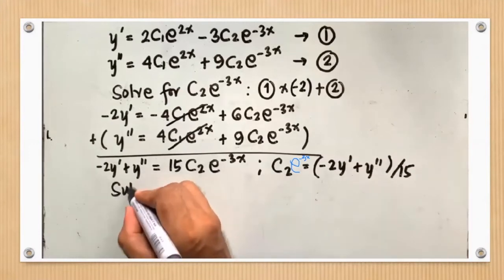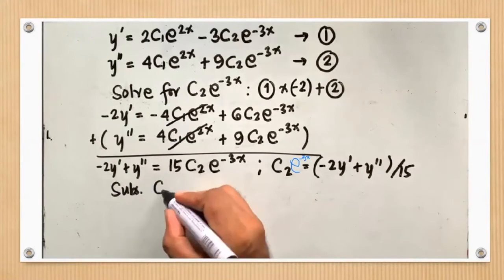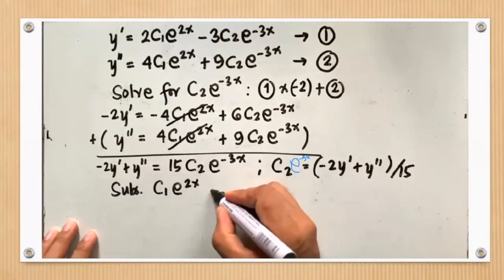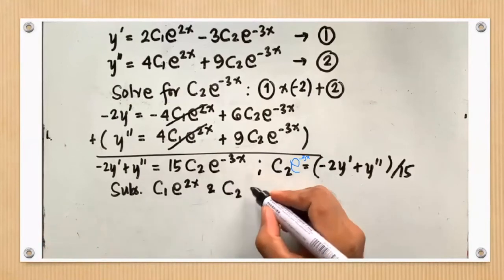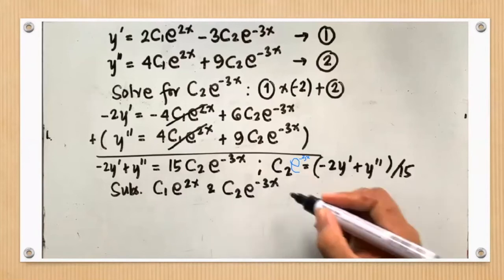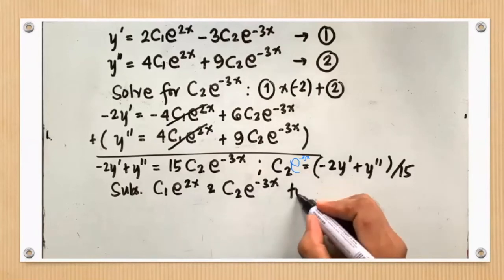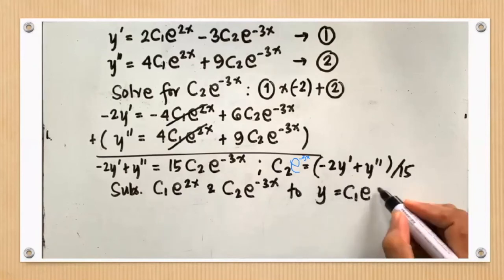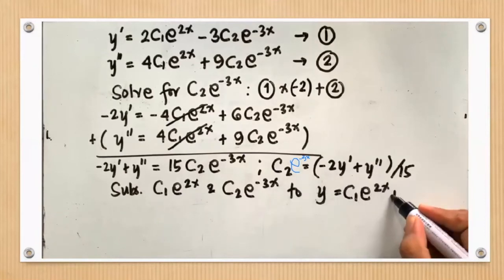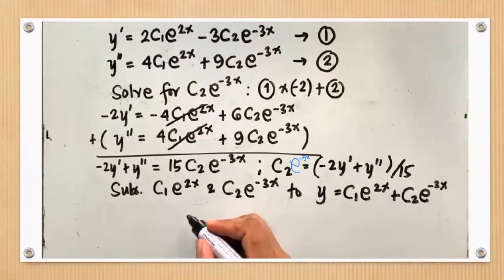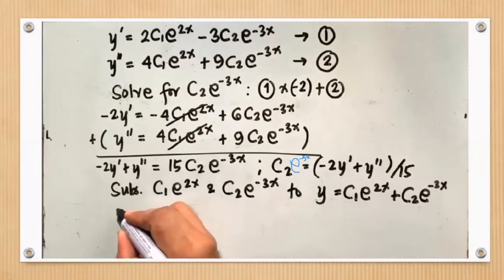And then we substitute the value of c sub 1 e raised to 2x and the value of c sub 2 e raised to minus 3x into our given equation. If you recall, y is equal to, our given, c sub 1 e raised to 2x plus c sub 2 e raised to minus 3x. So that's all, just plug in the values of these expressions.